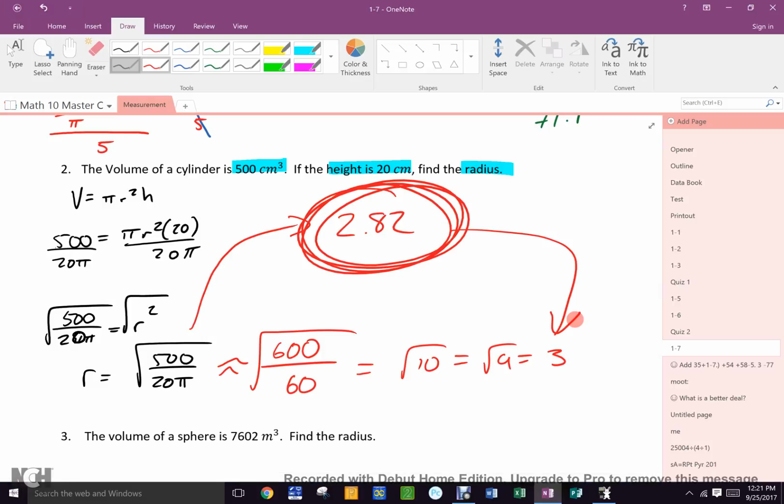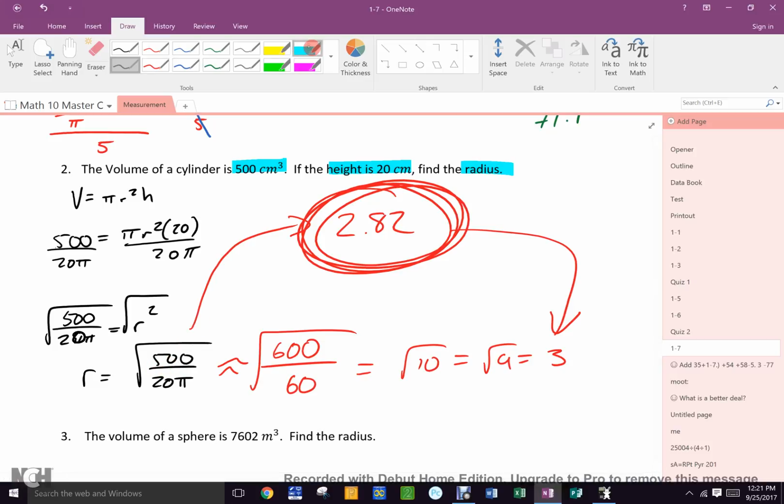Now, stop. Is it now time for a quick calculator lesson? Now that we've talked about all the algebra and we've talked about the estimating, should we now talk about how to make that work?